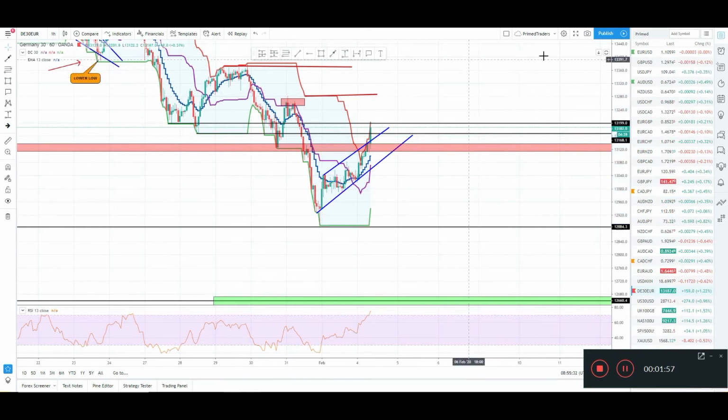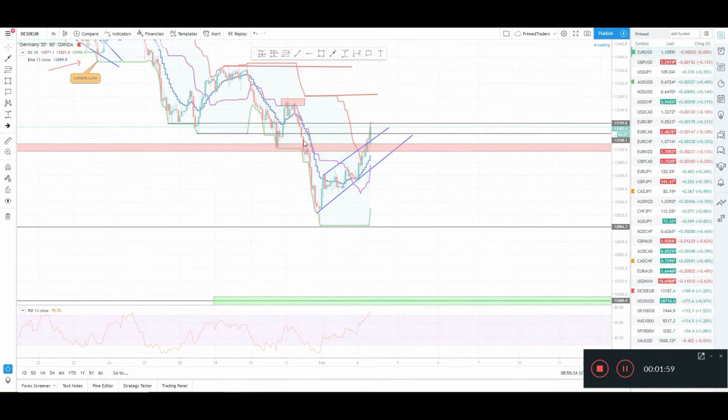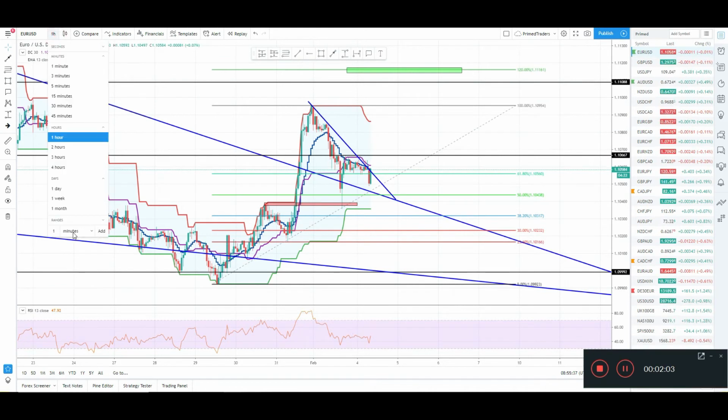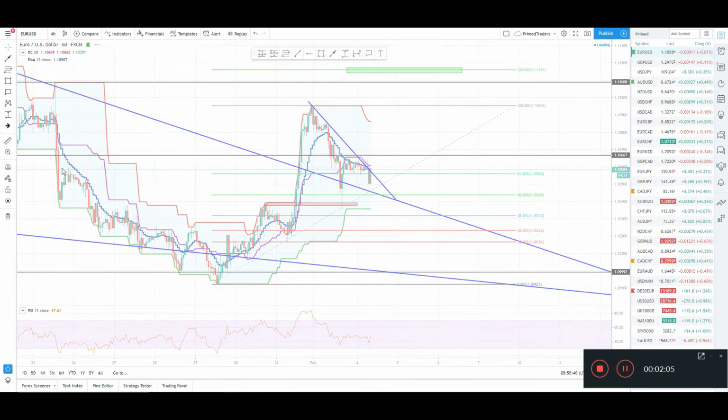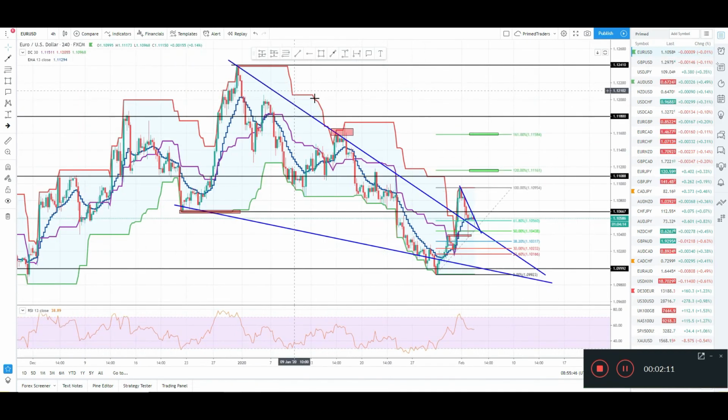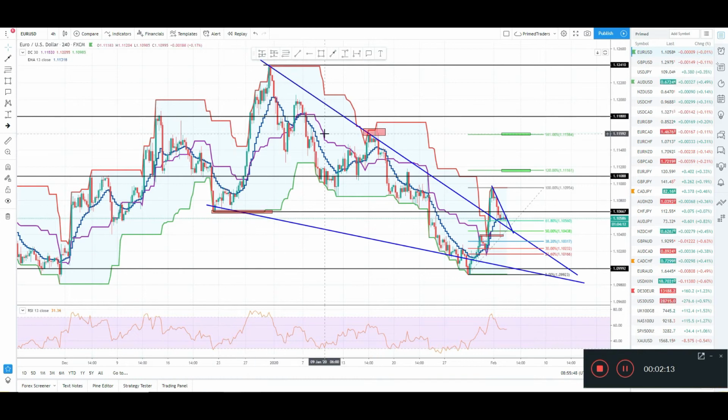So if we go to Euro USD, let me go here. I want to show you this. Let's go to the 4-hour. So what we have here is something similar. We have the past, what we want to take into account. We get all the key trading levels of the past, and then we map it out and kind of understand what could be happening.